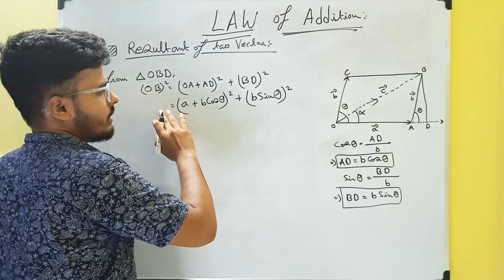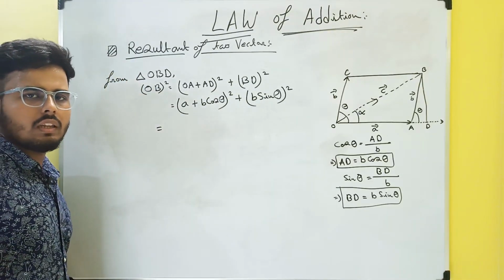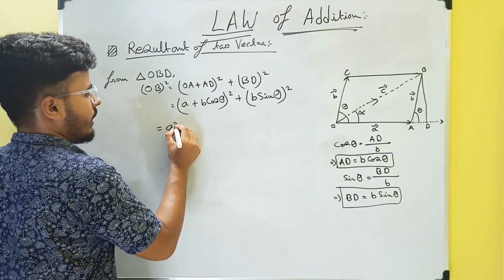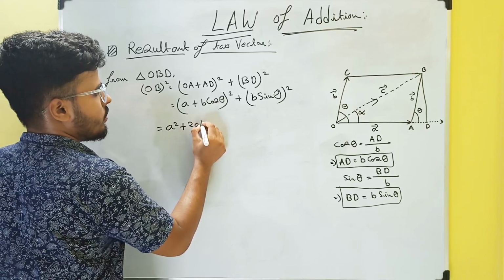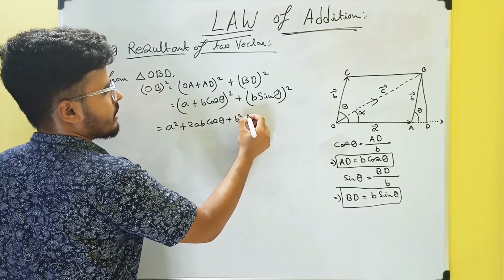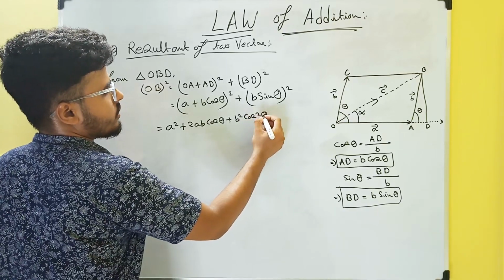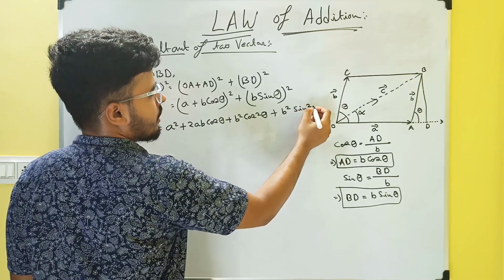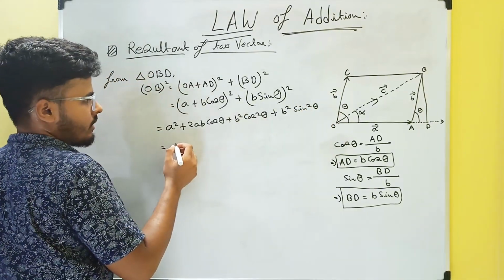Now it is simple algebra. So A square plus 2AB cos theta plus B square cos square theta, plus B square sin square theta.